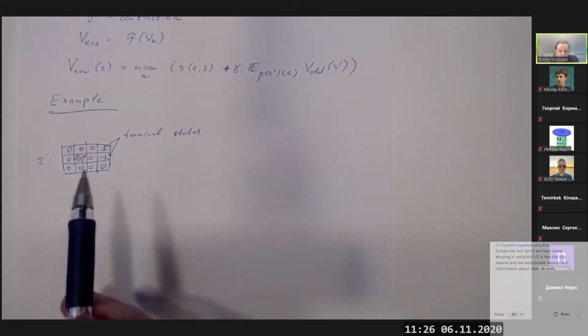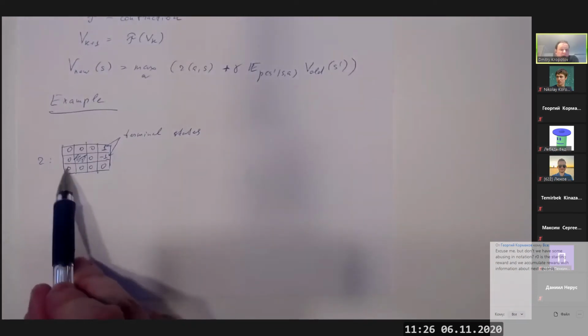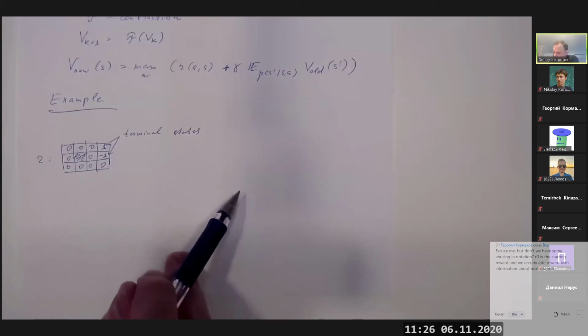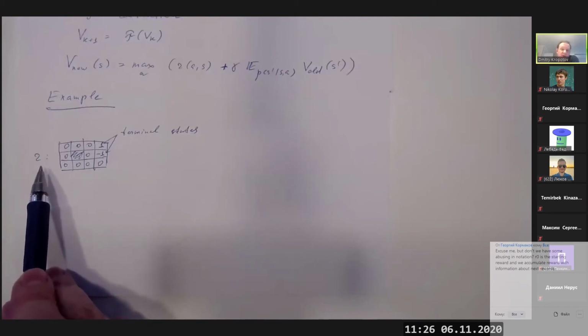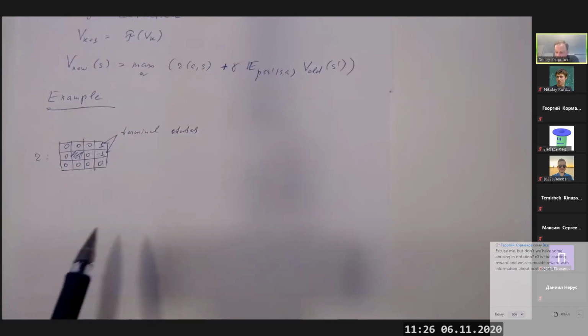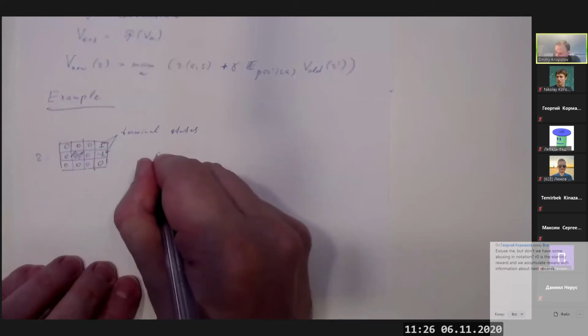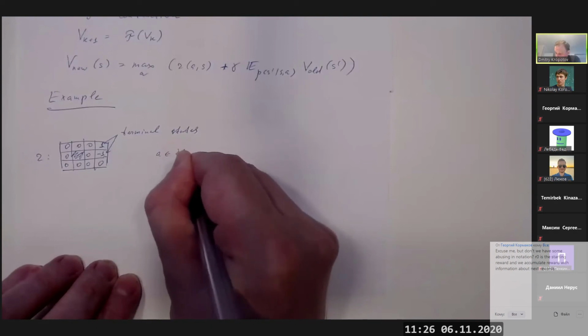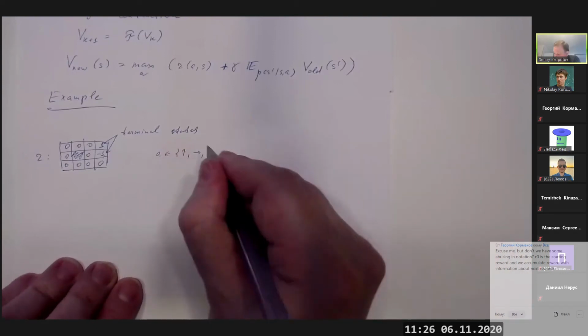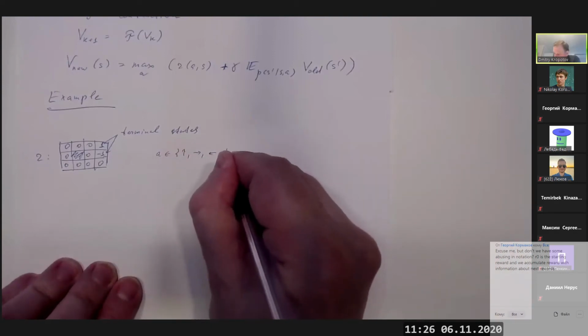So our state is the position of an agent in this field, our reward depends only on state, and it is shown here. And our actions are move up, down, left, right.